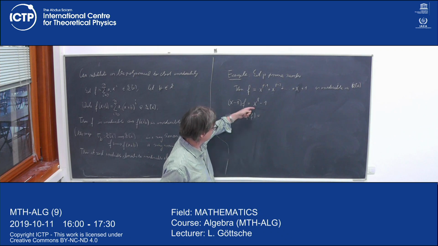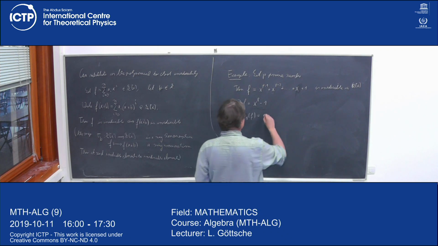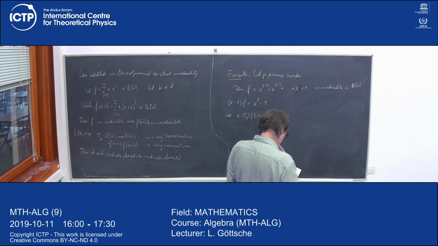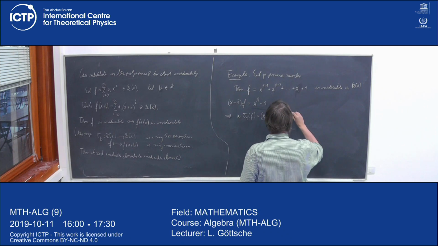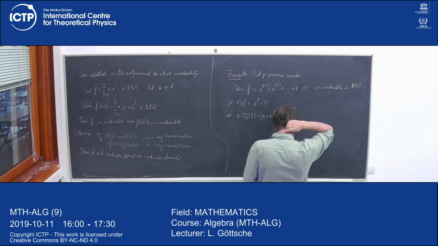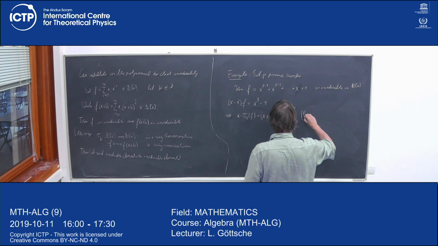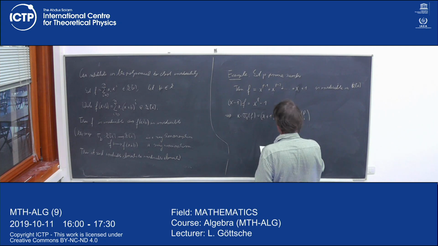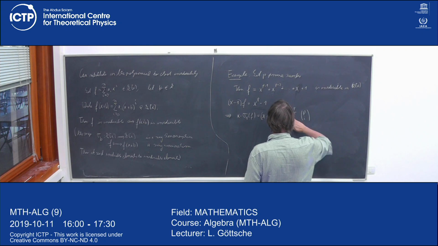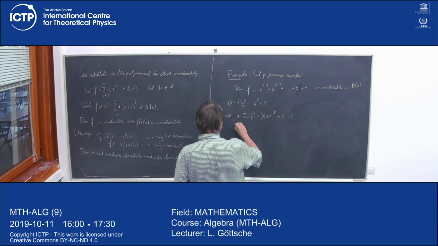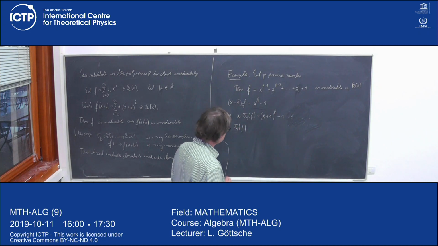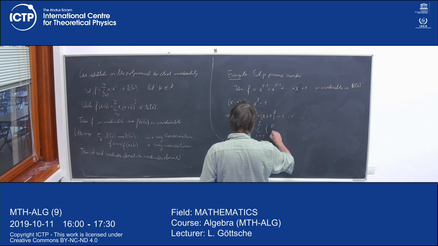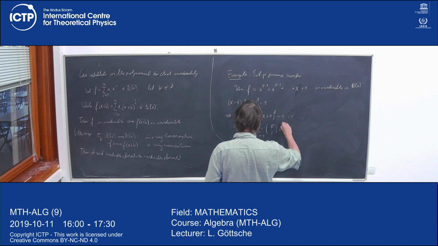And f we get by replacing x with x plus 1, so this is x plus 1 to the p minus 1, which is the sum over i from 1 to p of p choose i, x to the i. So sigma 1 of f is this thing divided by x, which is the sum over i from 1 to p of p choose i times x to the i minus 1.